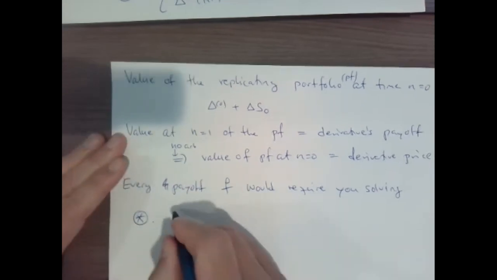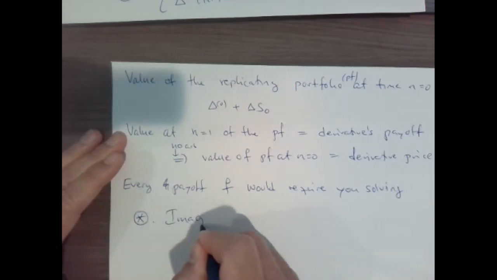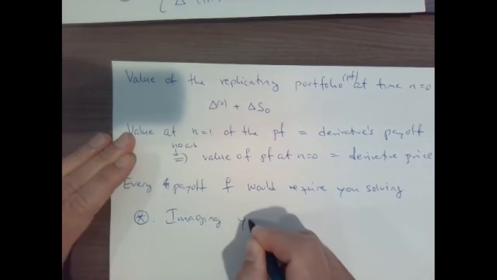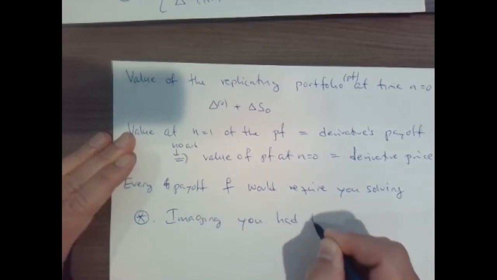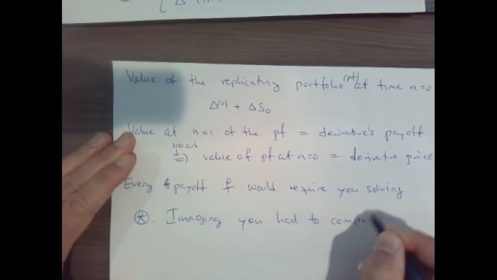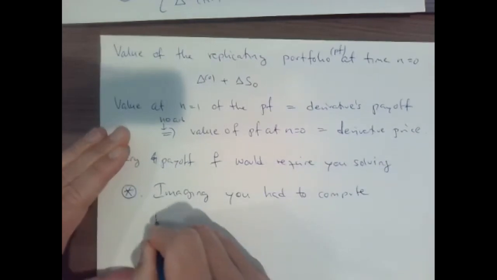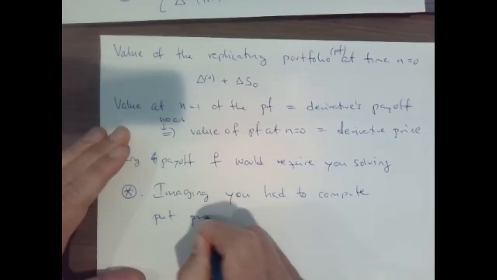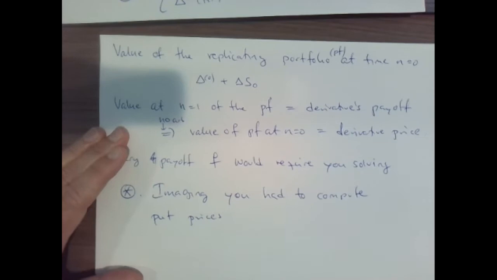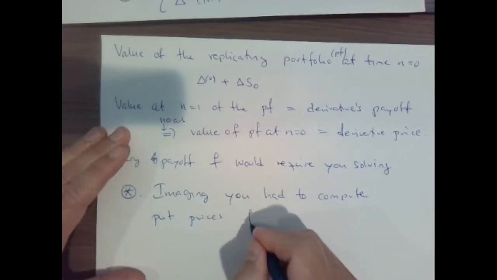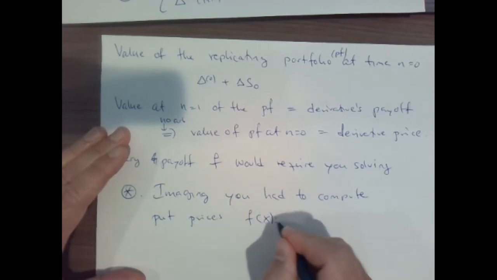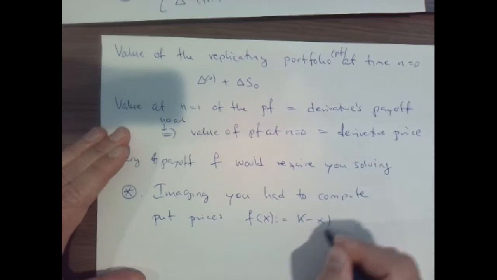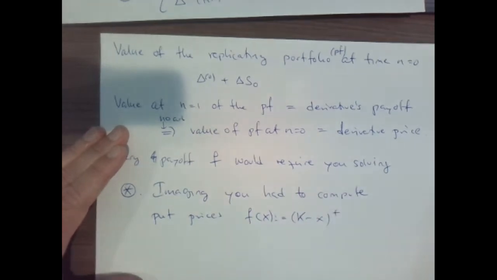So imagine you had to compute, say, put prices. So this is where f of x would be (k minus x) plus.